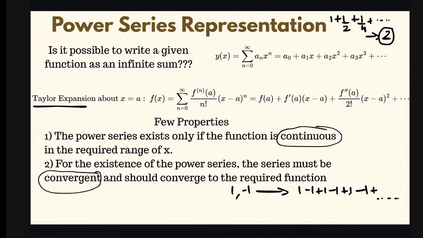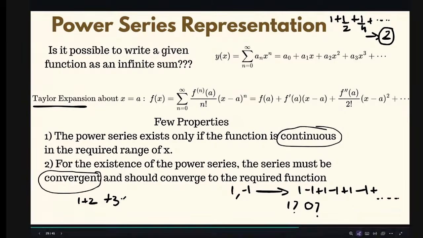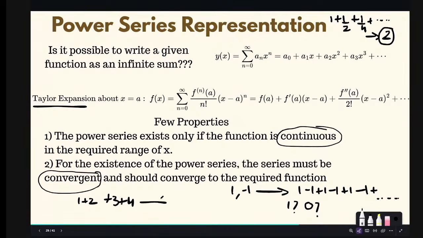After infinite terms, if you're asked to tell the value of this summation, will it be 1 or will it be 0? In fact, we can't conclude this, because this series is not convergent at all, because it's not going to a finite value. Depending on what terms I'm taking, the value changes. So this is not a convergent series. Another example would be something like 1 plus 2 plus 3 plus 4, which is also not a convergent series, and this blows up to infinity.